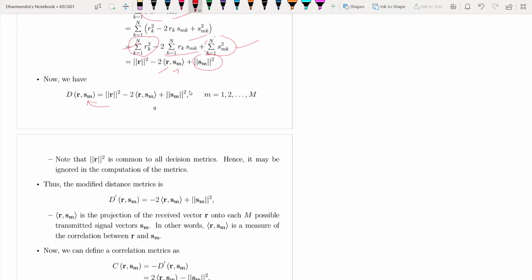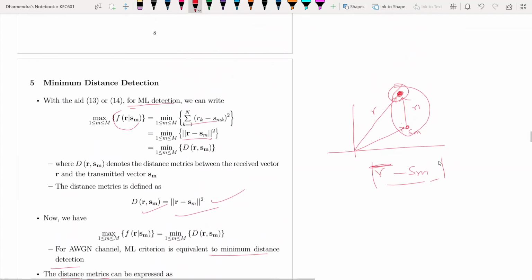Okay, so we can observe that we have to vary m because the received signal is fixed. So now I have to calculate, there are so many constellation points in this space. I have to calculate this distance d1, d2 like this. This distance metric d of r, s1, this is s2, and so on for M points.